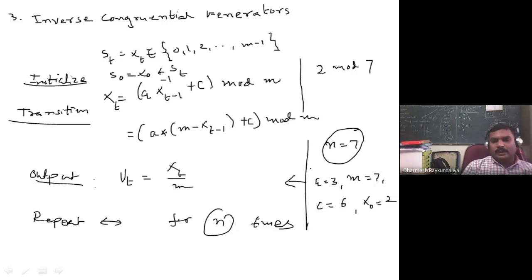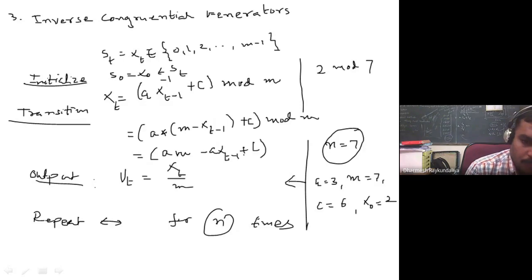So what will your change be? In fact, if you wish to convert into linear congruential, then actually it becomes a into m minus x t minus 1 plus c. So you can have am plus c minus a x t minus 1 modulo m.